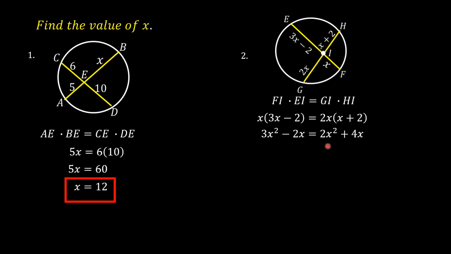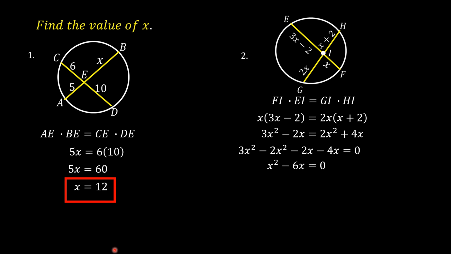Transpose 2x squared to the left side. Change its sign from positive to negative. Transpose the positive 4x to the left side. Change its sign from positive to negative. So we have now 3x squared minus 2x squared minus 2x minus 4x is equal to 0.